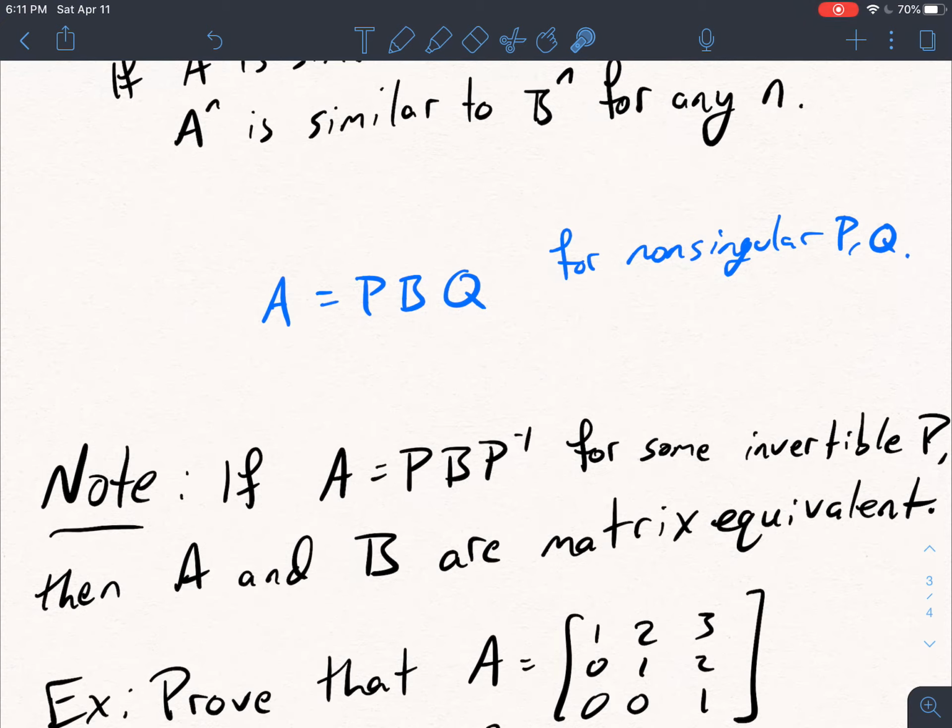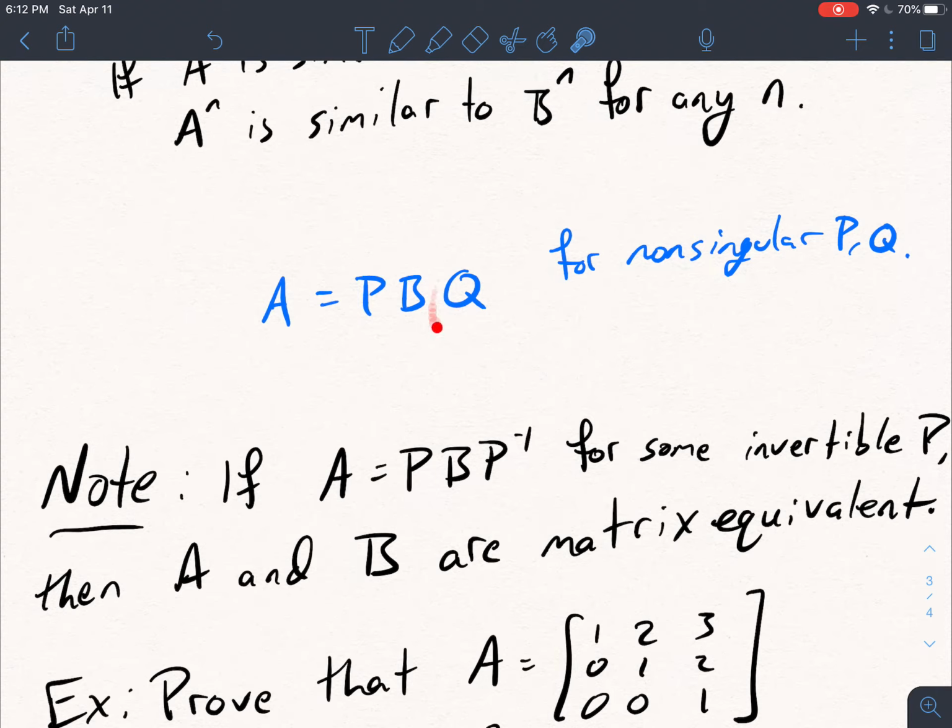And so the idea with matrix equivalence was that you could think of P and Q as doing row and column operations respectively. And we said a lot of things about that. We were able to classify matrix equivalent matrices by their rank. That's something we talked about.